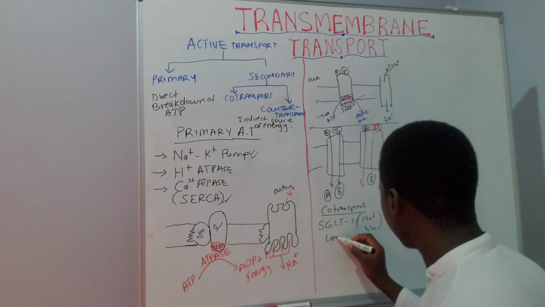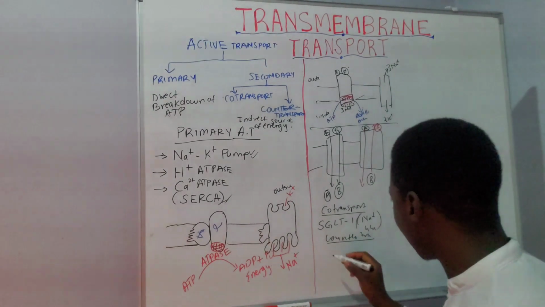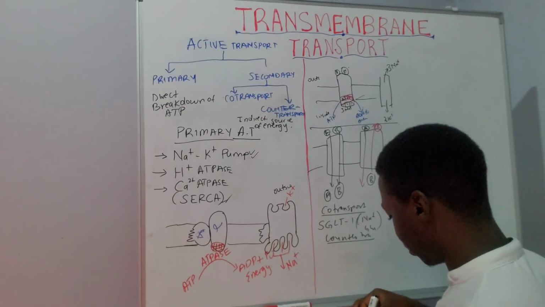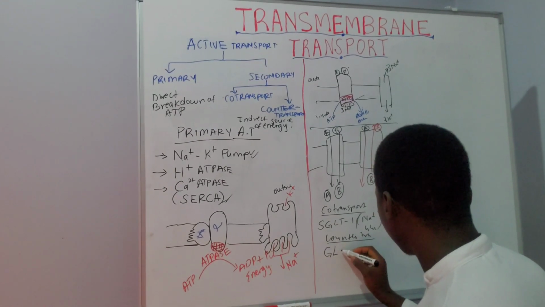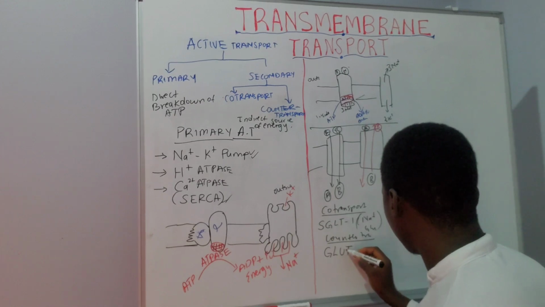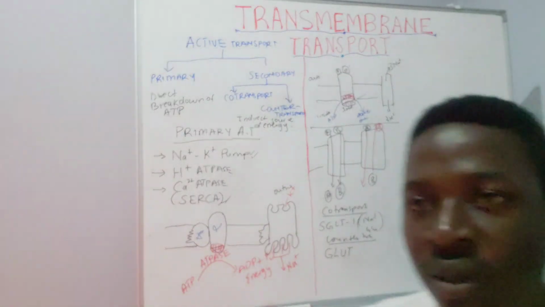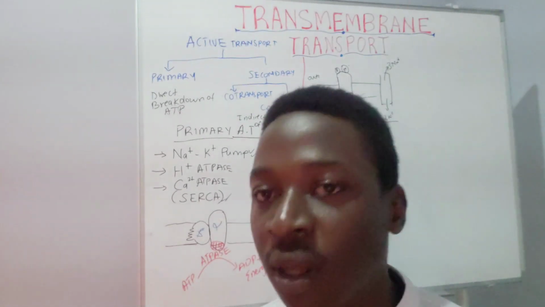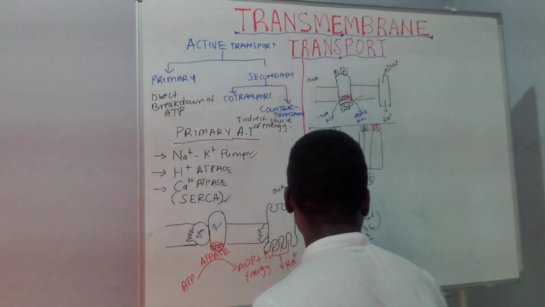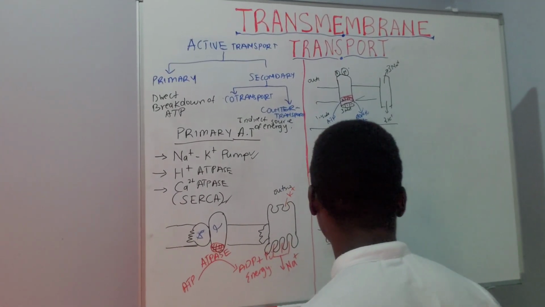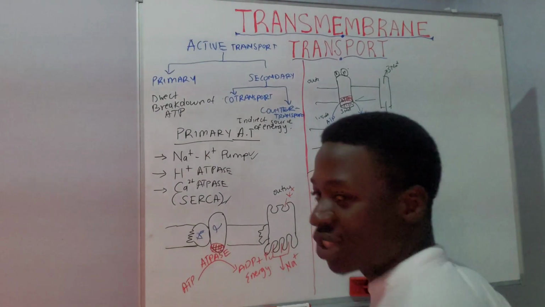Similarly, when we talk about counter transport, here we have channels. For counter transport, an example you can have is the hydrogen potassium exchanger.